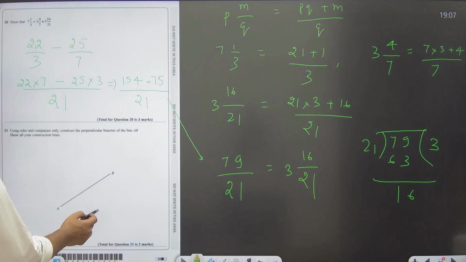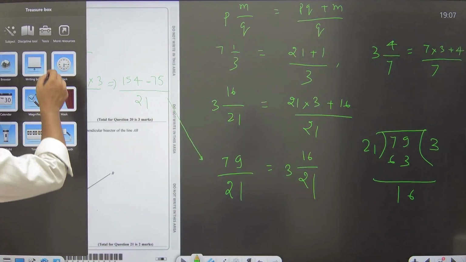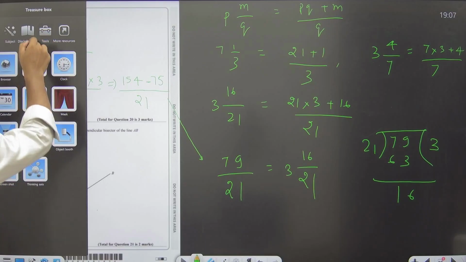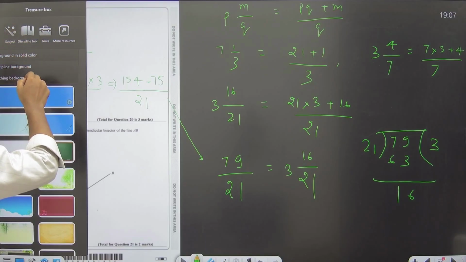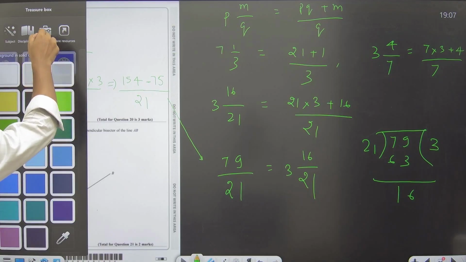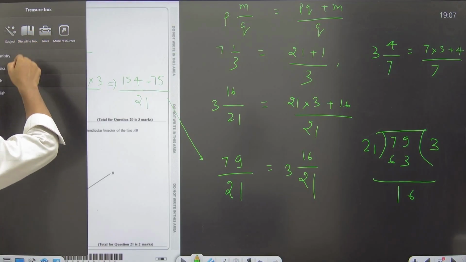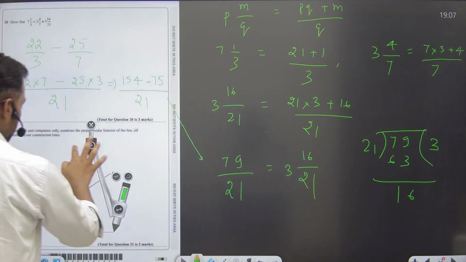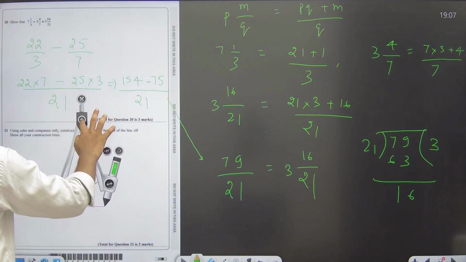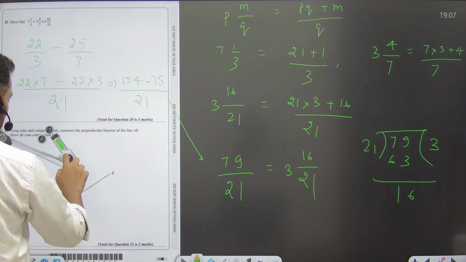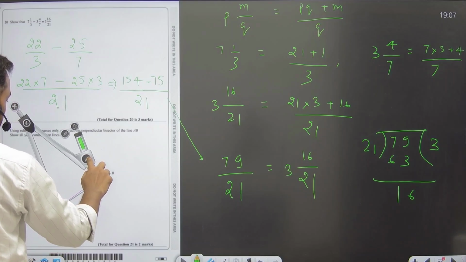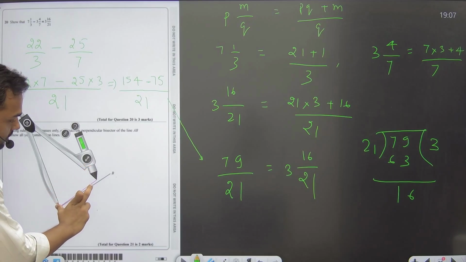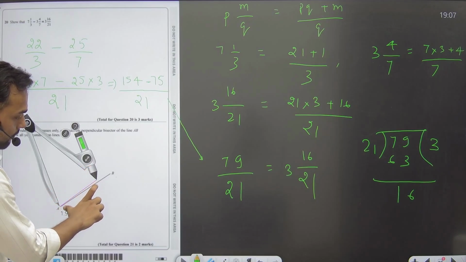Now see, for the next question, student, we need to plot the perpendicular lines here. So we need to take a compass, and the distance of this compass should be more than half of the particular line.